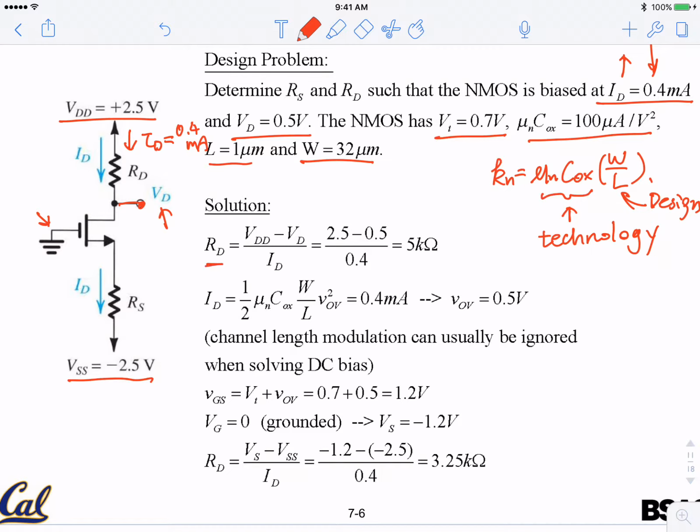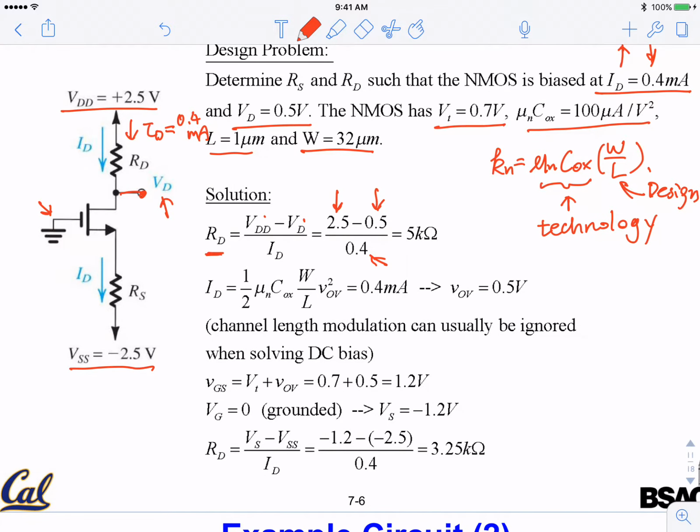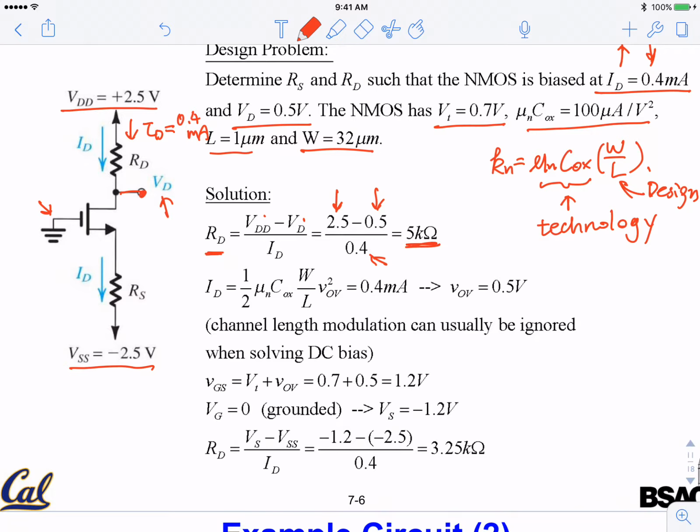So we can quickly identify RD. I take my VDD and VD. This is the power supply voltage given, this is the desired design value, and this is the desired current. So I have my first resistor value here. I need RD to be 5 kilo ohm.